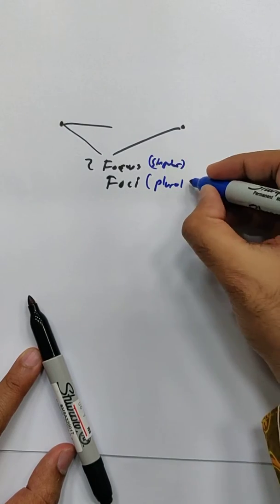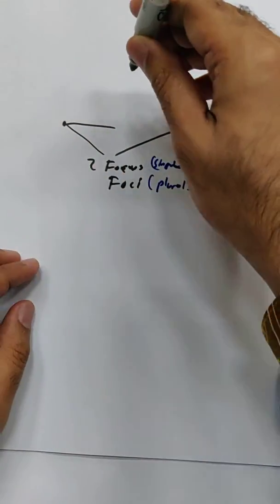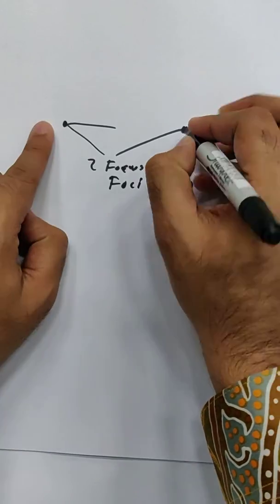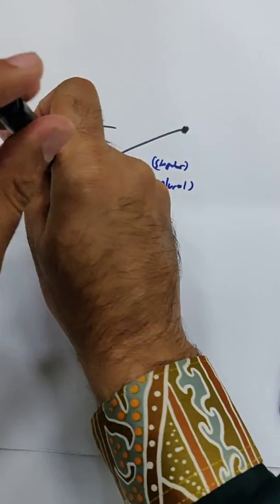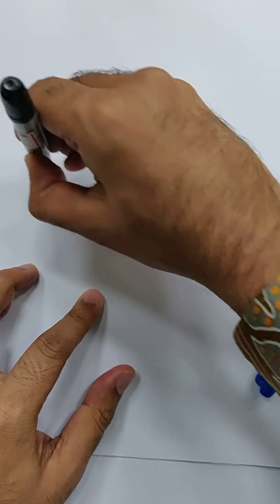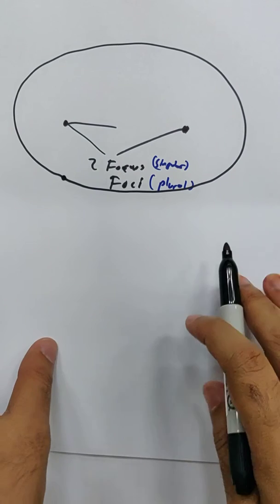Singular and plural. Okay? And how we normally do it is that we put two pointy parts here, and then we tie a string to a pen, and then we go around it. Then we have a Baymax.